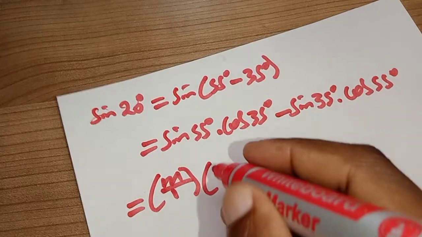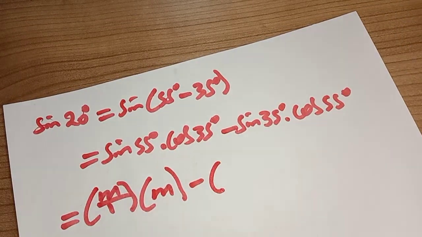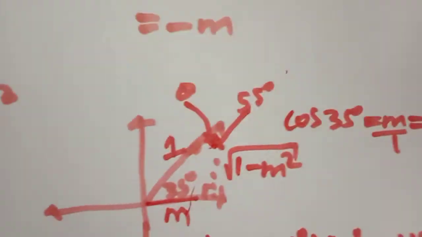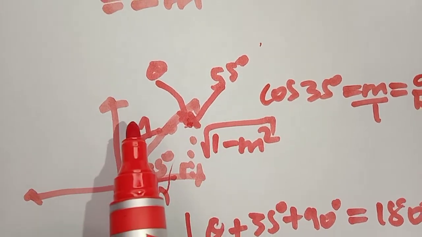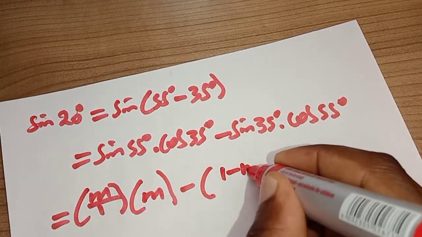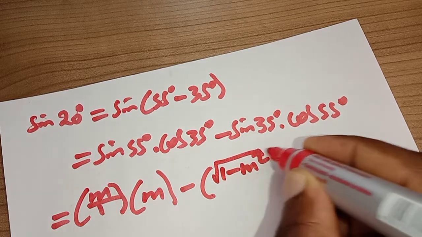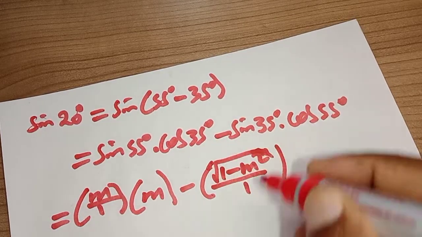Then here I'm substituting the m. Then here I'm having the sine 35. Sine by definition is opposite over hypotenuse. Then it means I'm going to have 1 subtracting m squared, all of them square root, divided by 1 like that.